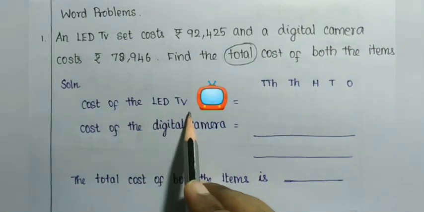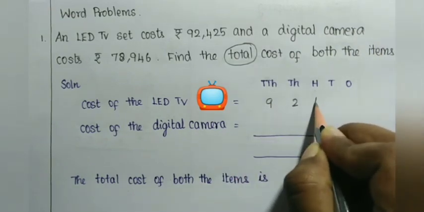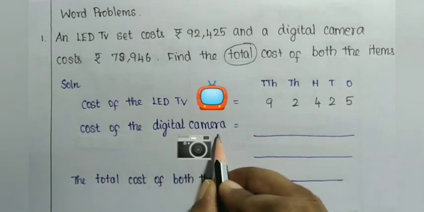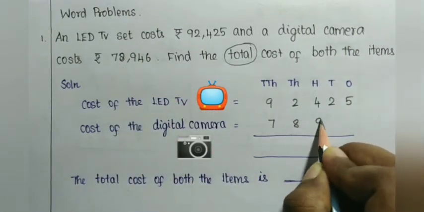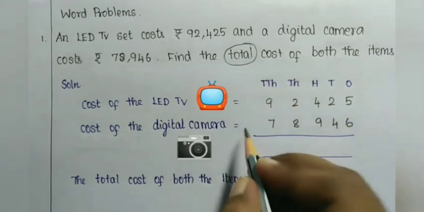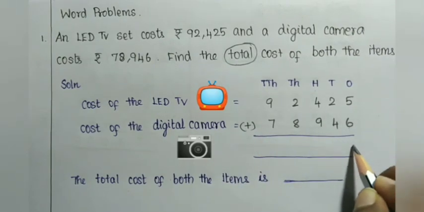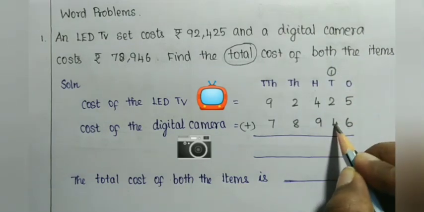The cost of the LED TV is 92,425. The cost of the digital camera is 78,946. So since the word total is present, we are going to add them. Now 5 plus 6 is 11. 1 to the carryover of tens. 2 plus 4, 6.